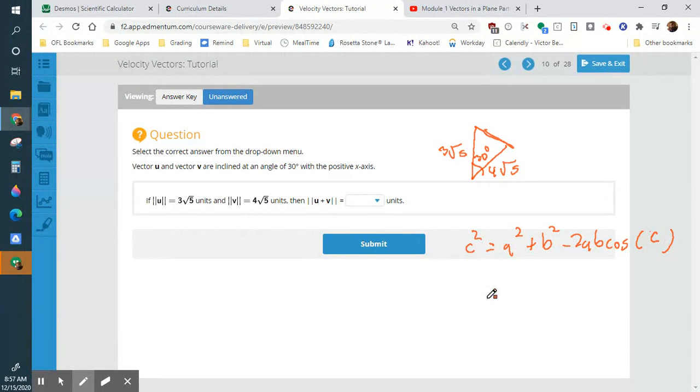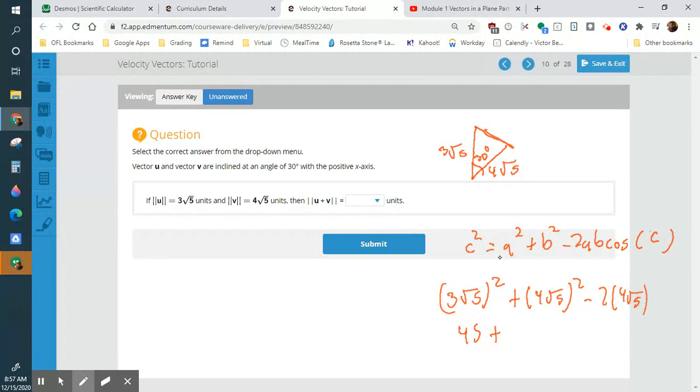So when we're doing this, we're going to square this part. So that would give me 9. So this is 45 plus, let me plug everything in. 4 square root 5. And it doesn't matter what your A and what your B is, just as long as you kind of stay consistent with it.